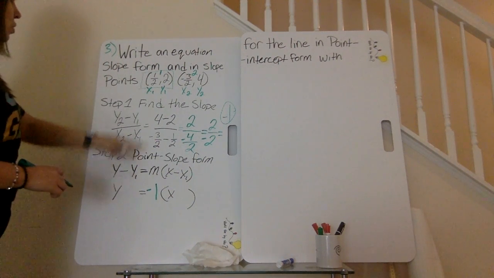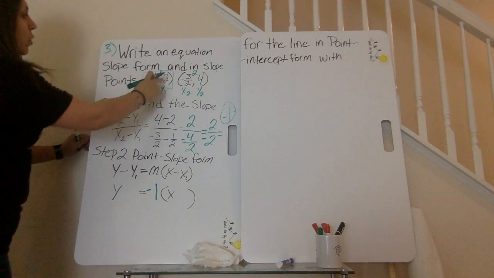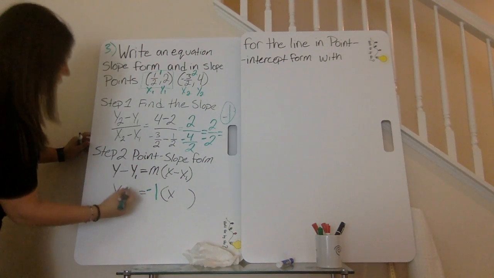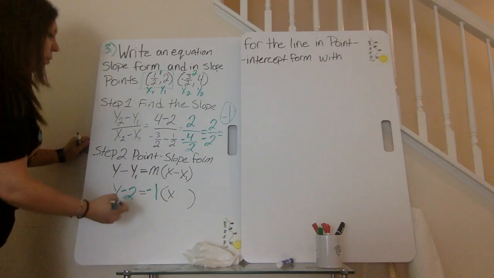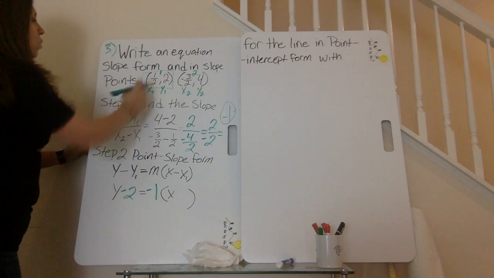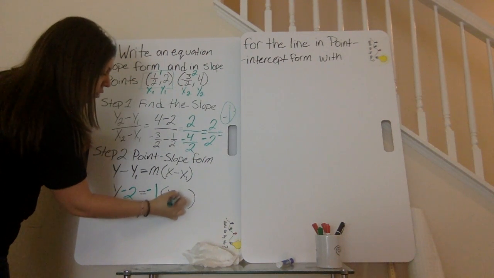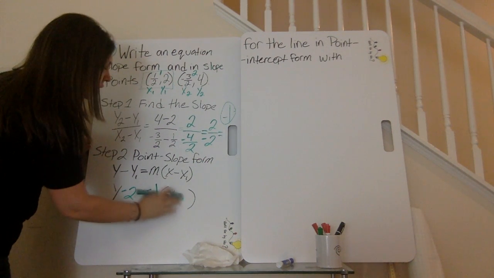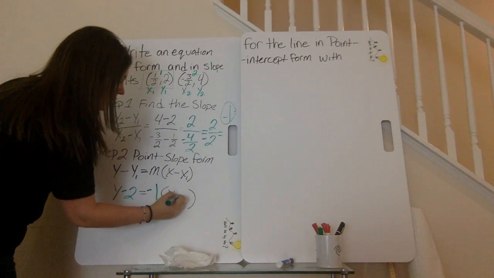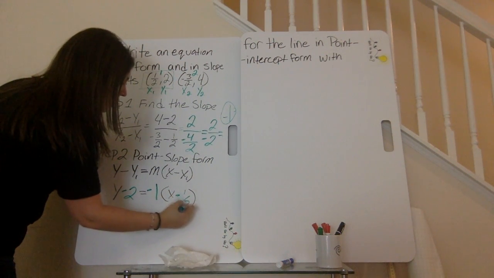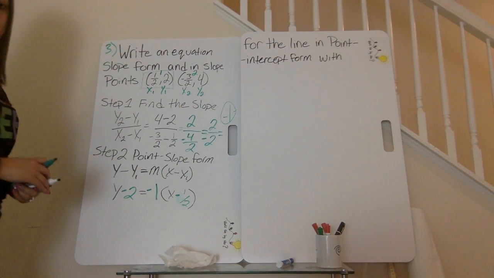Our y, which goes in the front, is going to be 2. And whatever we see up here, we're going to write down the opposite. So I'm going to write down a negative 2. And our x, again, will do the opposite. So I see a positive 1/2. So I'm going to write a negative 1/2. All right, so that's the end of step 2.